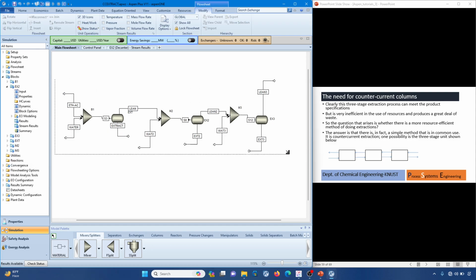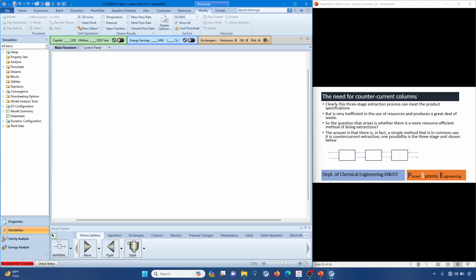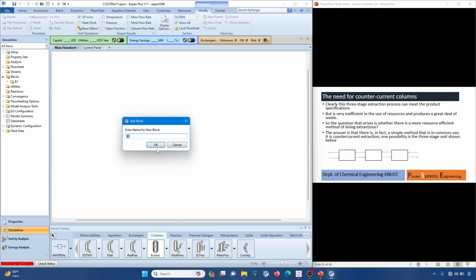Just going to edit that, delete all of these. Come here. So the unit for extraction. Okay, that's fine.